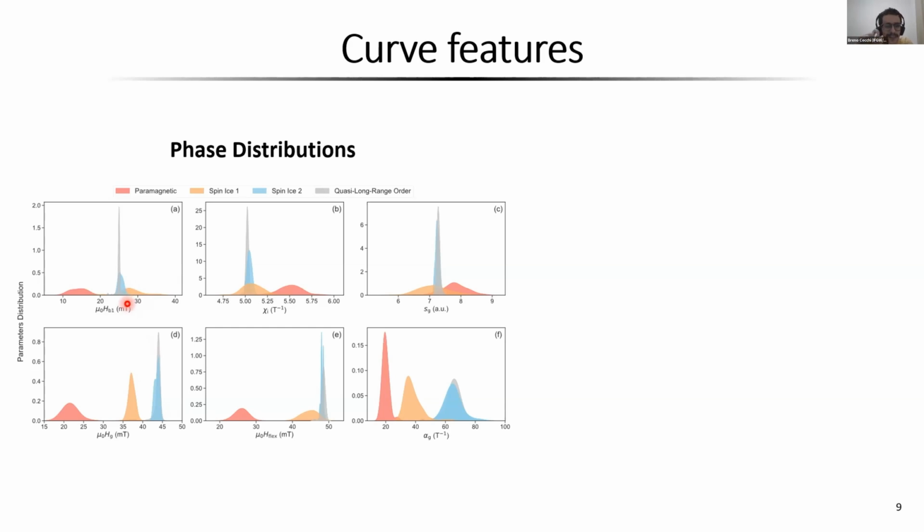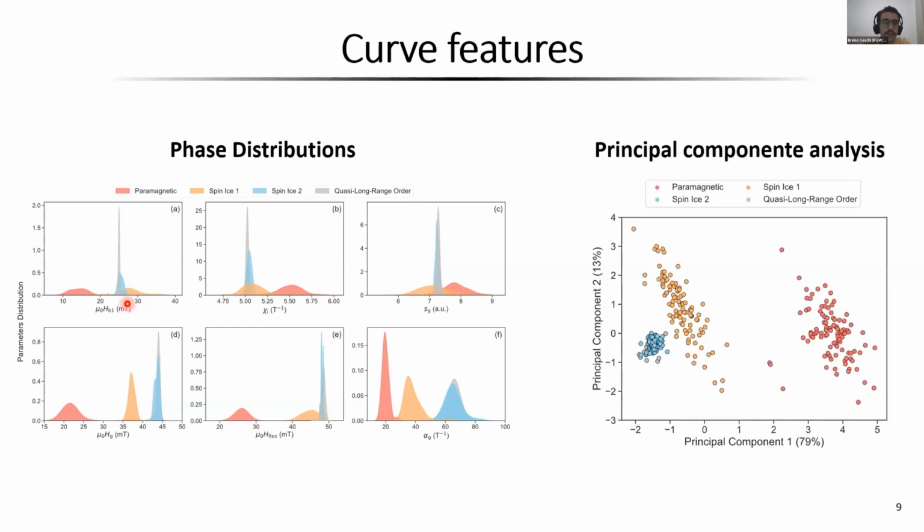And so there are some slight differences between spin-ice 2 and quasi-long-range order. For those who are familiar, we can also see this distribution through the principal component analysis. So we see a paramagnetic set separated from the spin-ice 1 set, and spin-ice 2 and quasi-long-range order overlapping.